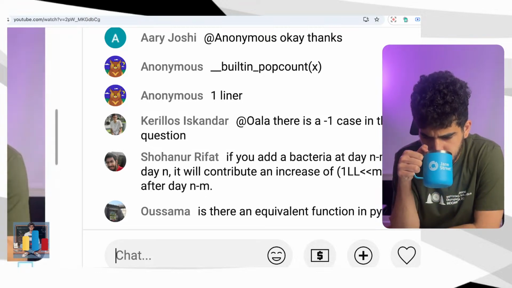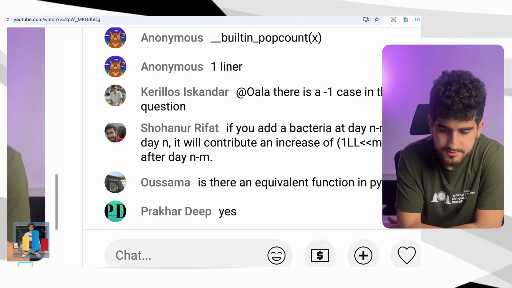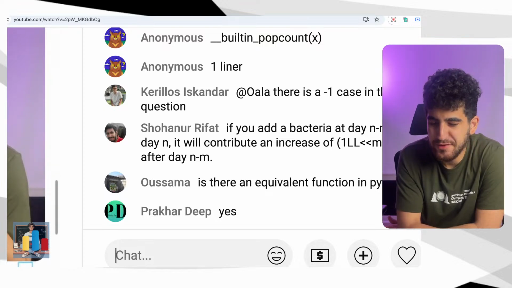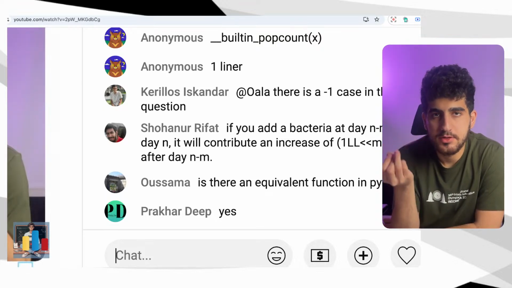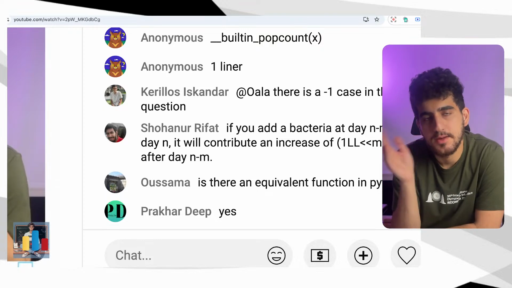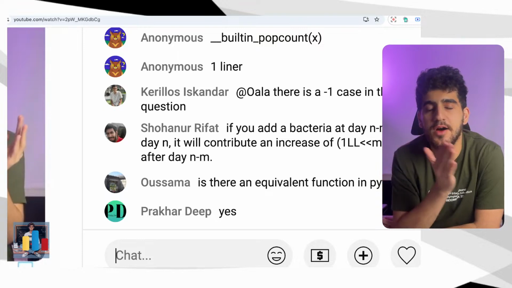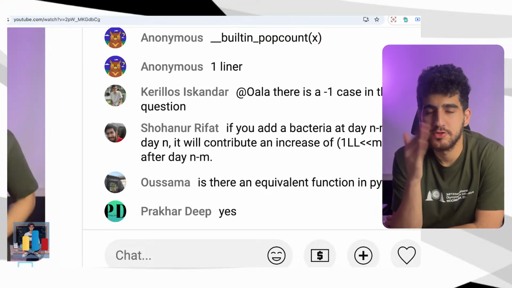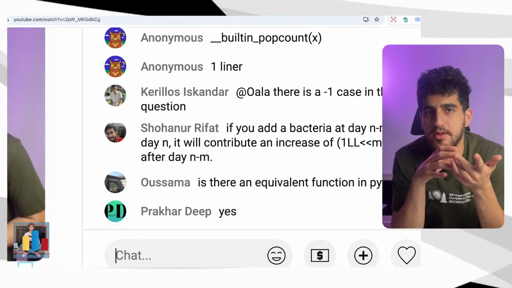If you add a bacteria thing, exactly. So you can say that the effect each bacterium contributes is 2 to the power of the number of days that has passed from the day this bacterium came. So each bacterium contributes 2 to the power of something.